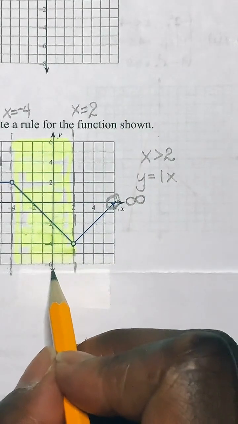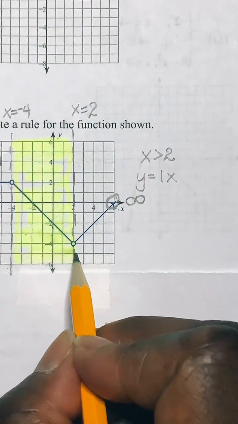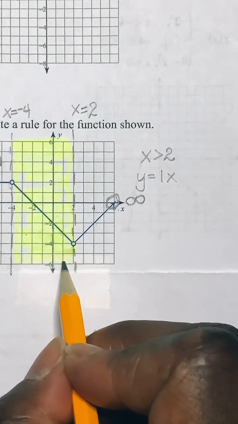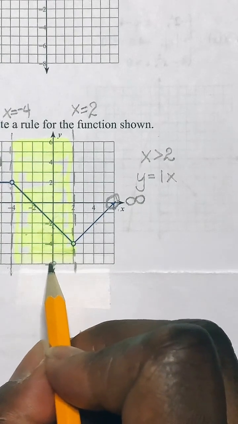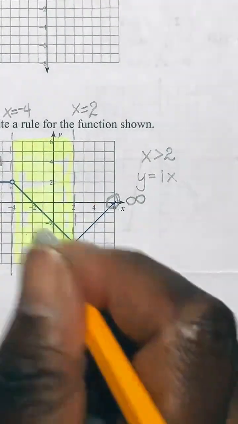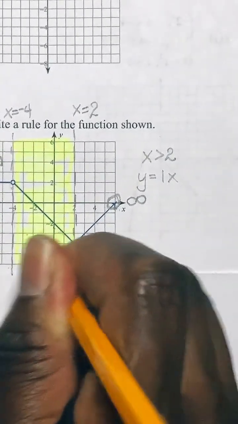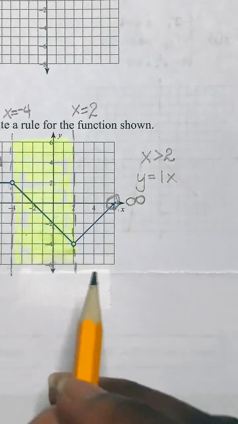If I wanted to get to this y-axis, I can do the reverse. I can go down 1 to the left 1, down 1 to the left 1, and guess where I land? Right here at -6. So that's another way for you to find the y-intercept.